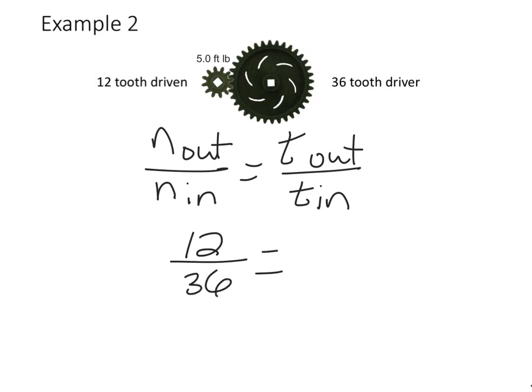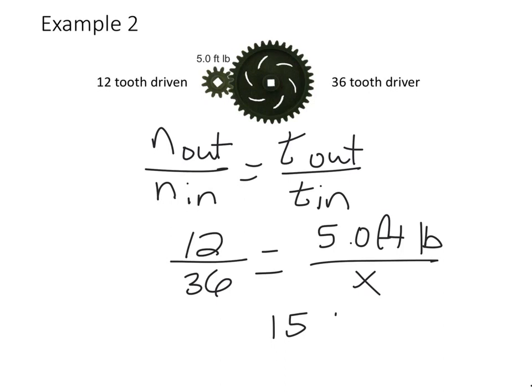I'm going to set that equal to my torque out, which is 5.0 foot-pounds, and I'm going to solve for torque in. So we have 5.0 times 36 divided by 12, and that's going to give me 15 foot-pounds.